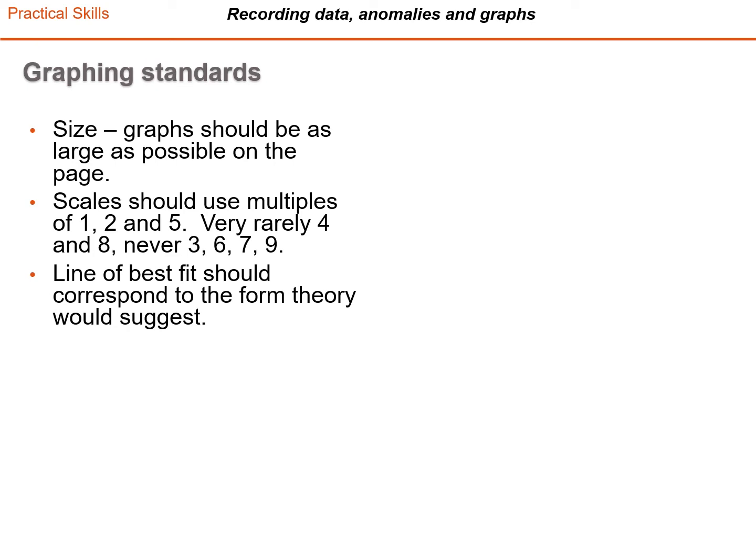Lines of best fit should always conform to what we would expect the relationship to be as stated by the hypothesis. However, it doesn't mean that we should force a line of best fit through 0 unless we have taken a 0, 0 measurement where a 0 value for the independent variable leads to a 0 value for the dependent variable.